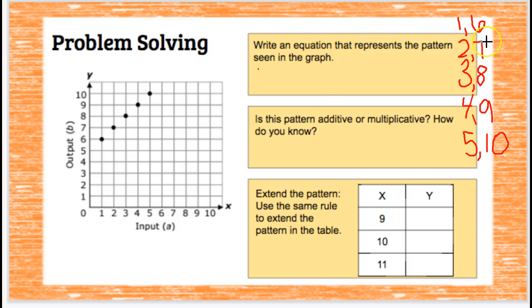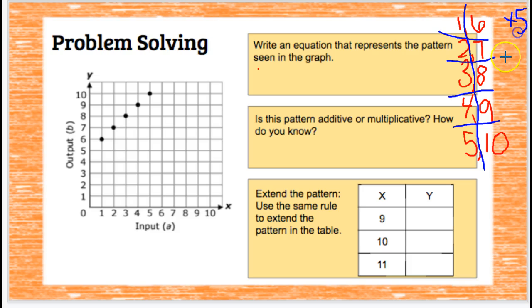Okay, so we want to write an equation. So first I need to figure out what my equation is. So I am going to make a table and find my pattern. 1 to 6. Well, it's getting bigger, so I can either add or multiply.